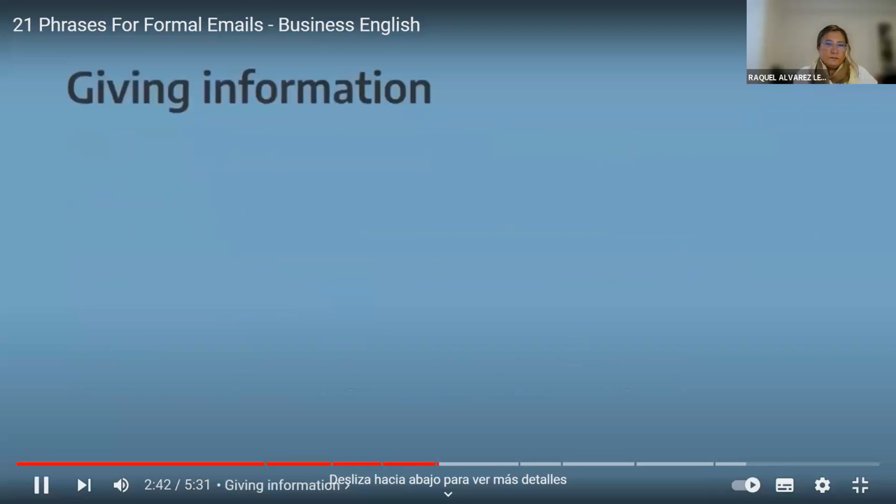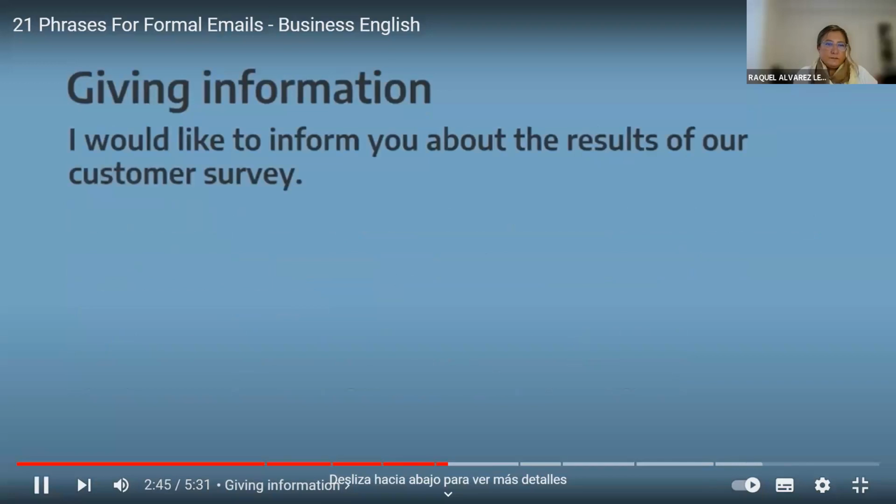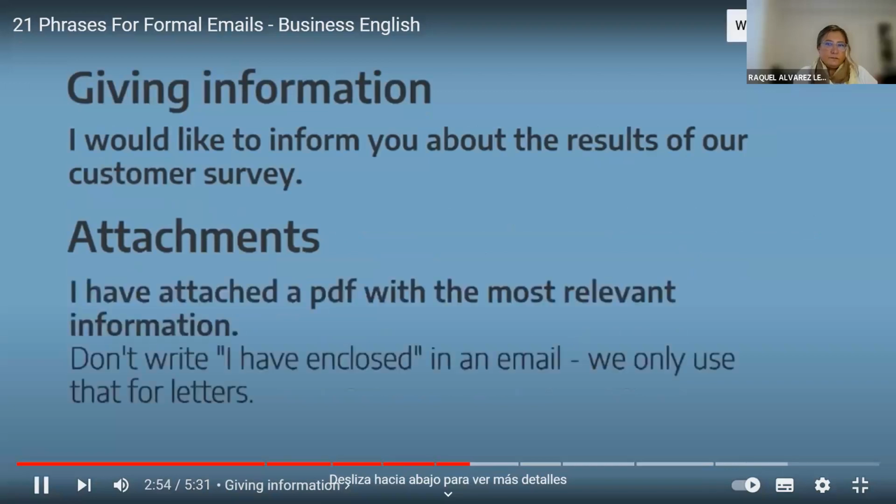And a very simple way to do that is to use the phrase, I would like to inform you about. Then we have attachments. Another tip here, don't write I have enclosed in an email. We only use that for letters when we send additional documents with a physical letter. For emails, we always say attached. And the simplest way to do this is to write I have attached.